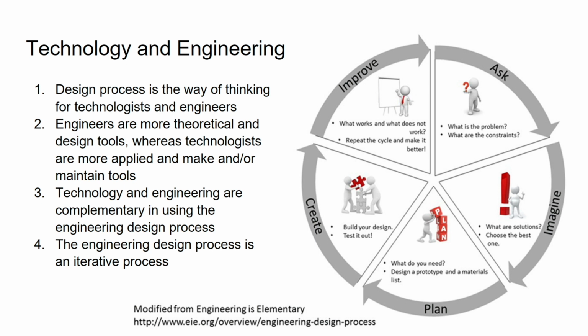Technologists and engineers are complementary with each other around this engineering design process, and you'll see that this process is iterative, which means that it continues to loop. It begins by asking questions. What is the problem and what are the constraints? Then the engineers and technologists try to figure out what the solutions might be. And then they choose the one they think is the best idea, the best solution, and that's the Imagine step. Then they transition to creating a plan by deciding what they need.